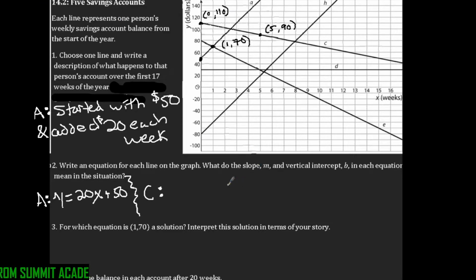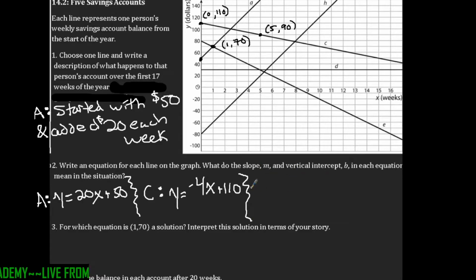So my slope is negative 4, and I have y equals negative 4x plus 110, my y-intercept. For equation D, it's a slope of 0, and it stays on 30. So I can just say y equals 30 for that one.